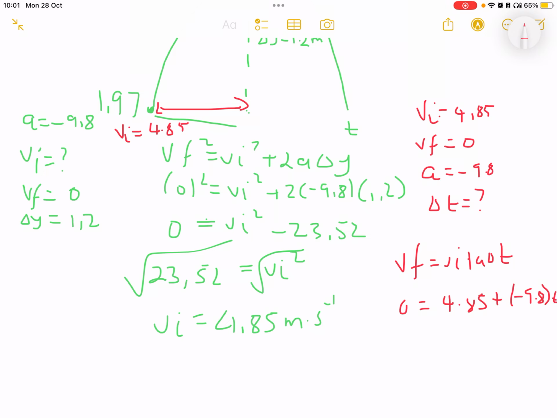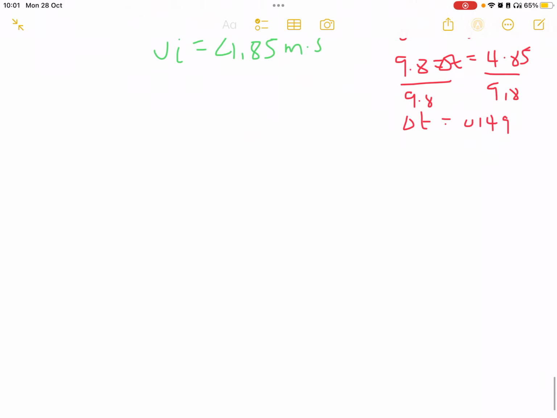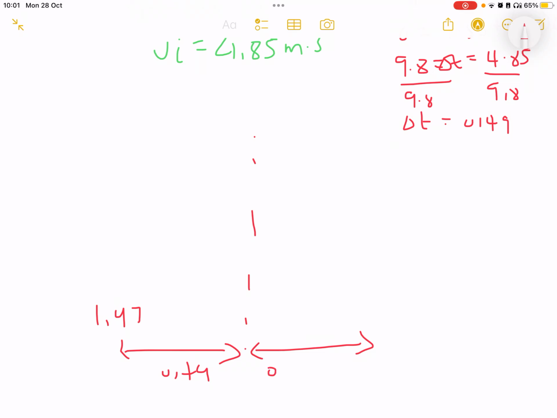So we take that to the left hand side, it becomes 9.8 delta t is equal to 4.85. We divide both sides by 9.8, and then delta t is equal to 0.49. Now, from 1.97 you go 0.49, get to maximum height, and then you go 0.49 more and you get to t.